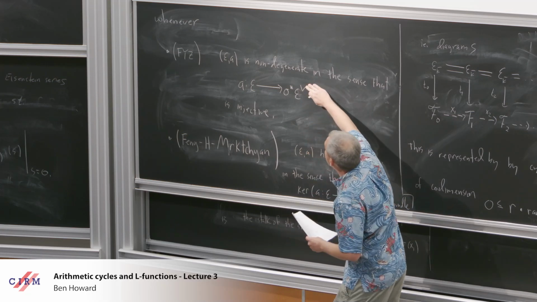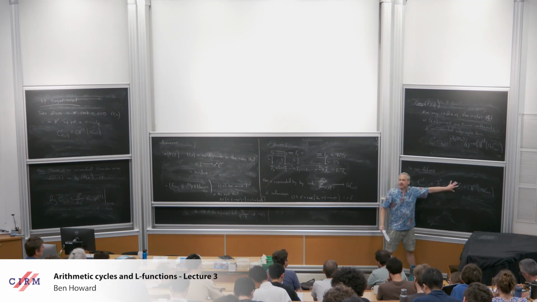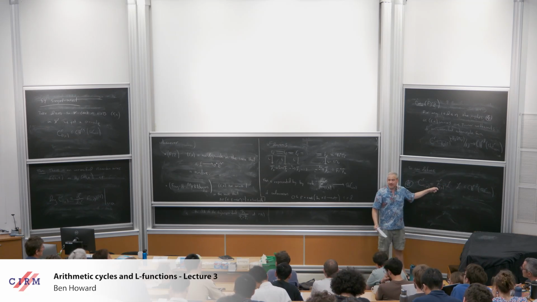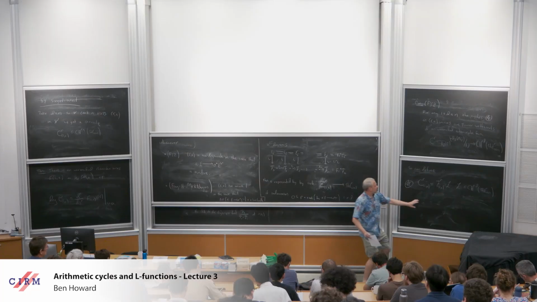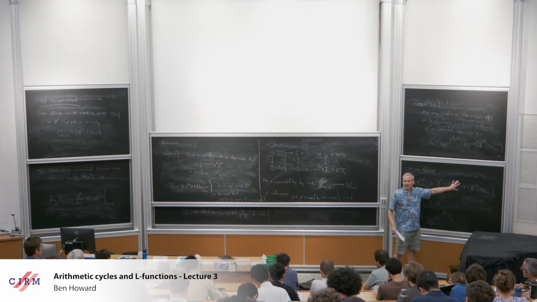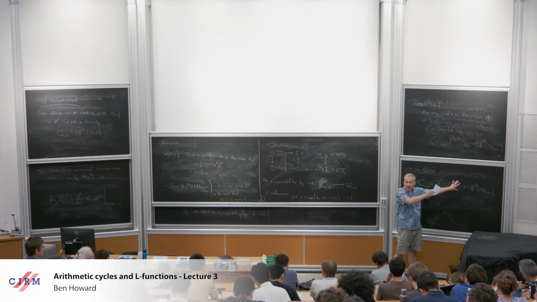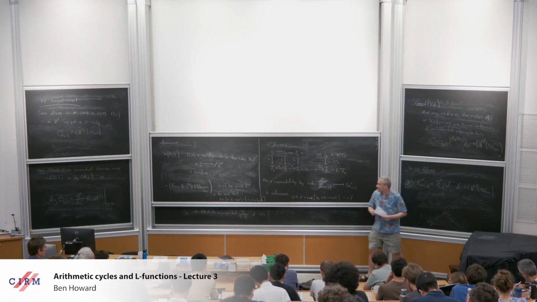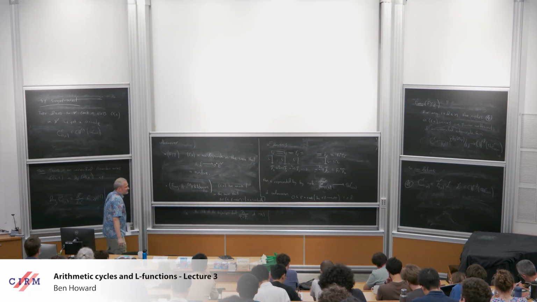So in other words, the Feng-Yun-Zhang case is the case where there was no correction term. The corrected cycle is the Feng-Yun-Zhang cycle. The co-rank 1 case is the case where you have one correction term. You're off by one copy, so you have to take the naive thing, intersect it with this tautological codimension R thing to get a zero cycle, which you can then compute and match up with the derivative of the Eisenstein series.